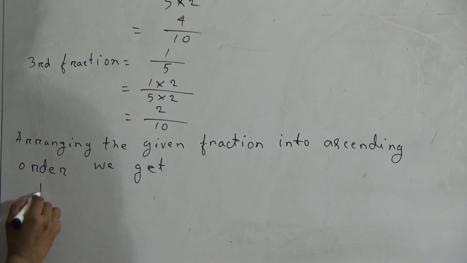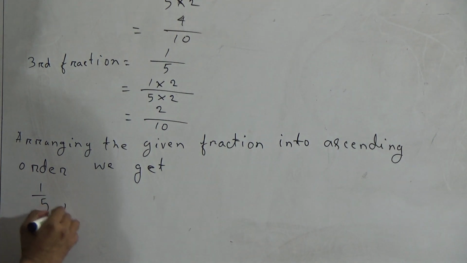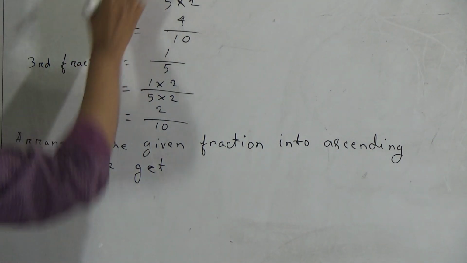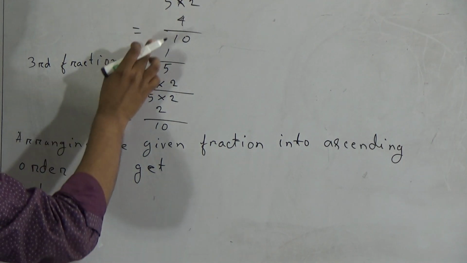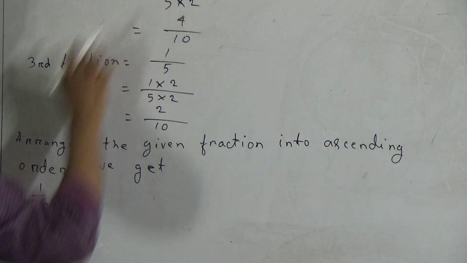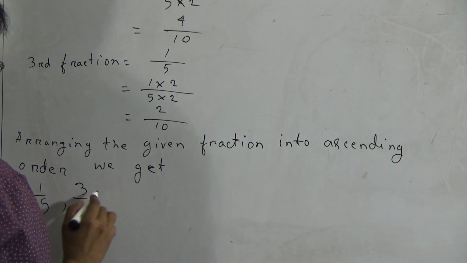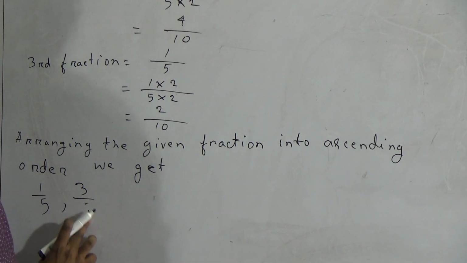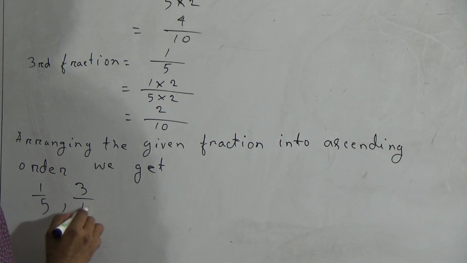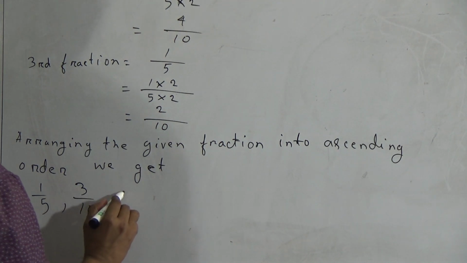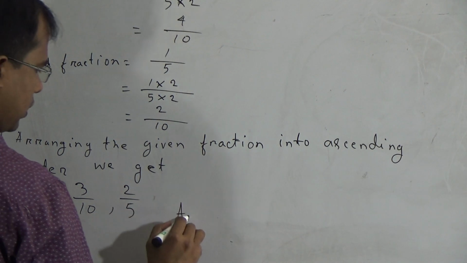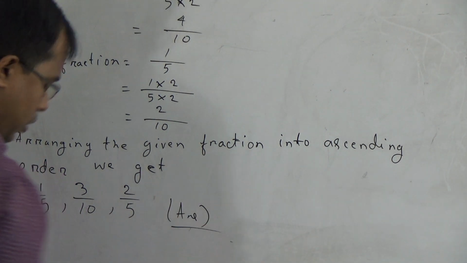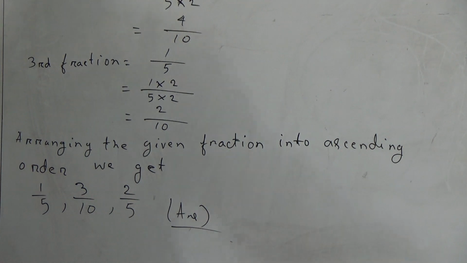So at first we write 1 by 5. Then 3 by 10. And the greatest fraction is 4 by 10 and it is similar to 2 by 5. Dear students, it is the answer of A number. We have finished A number.